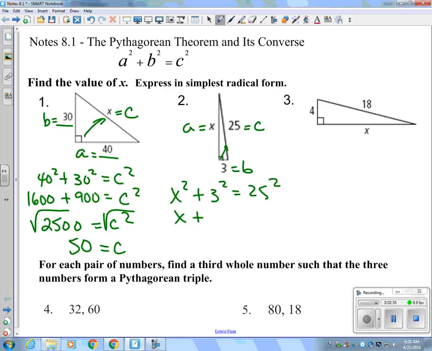Now 3 squared is 3 times 3, which is 9, and 25 squared is 25 times 25, which is 625. So in this problem, I can't add the two together because I have x squared plus 9. So I'll take 9 away. X squared equals 625 minus 9, which is 616.